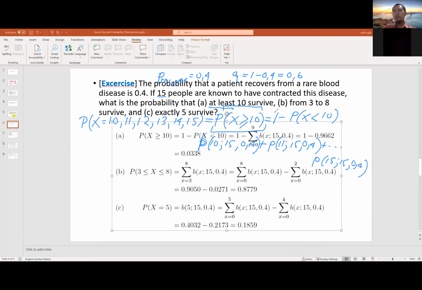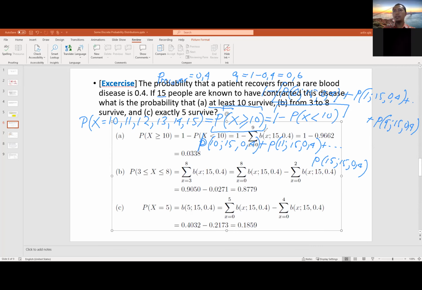Or, using this expression, we compute 1 minus the probability from 0, B(0; 15, 0.4), plus B(1; 15, 0.4), and so on until the maximum, B(9; 15, 0.4).